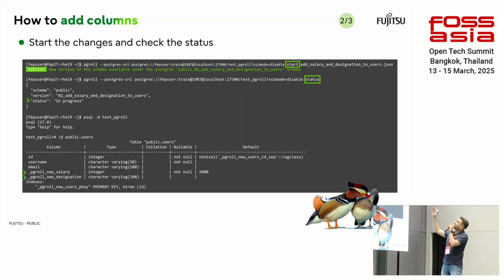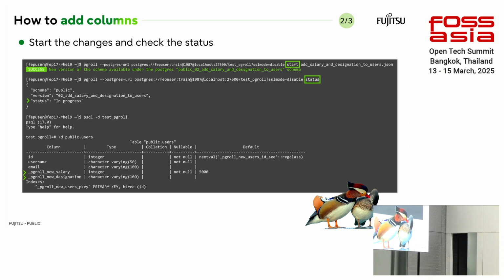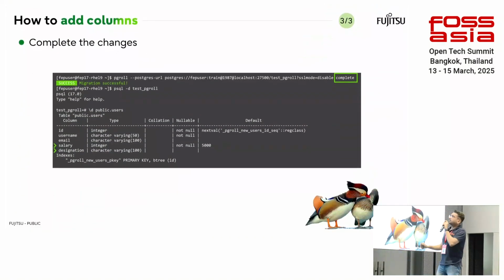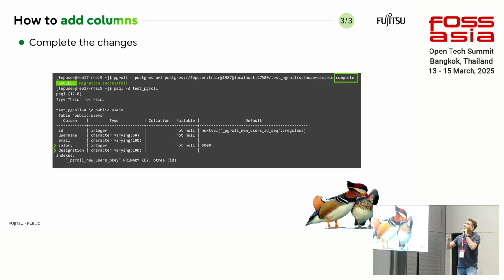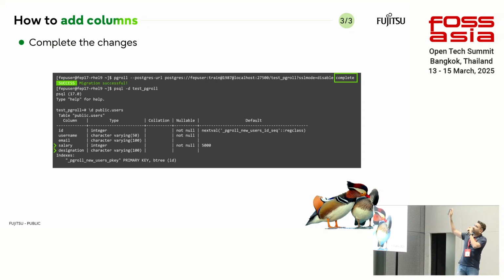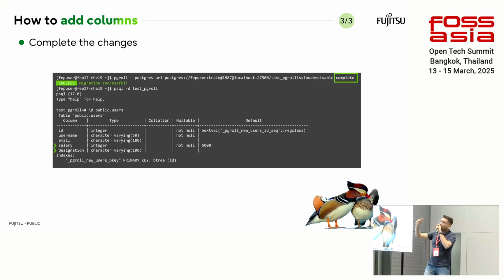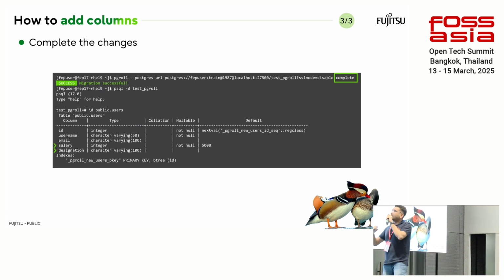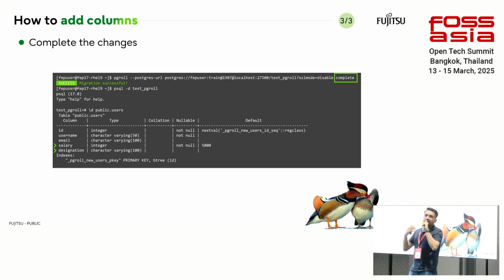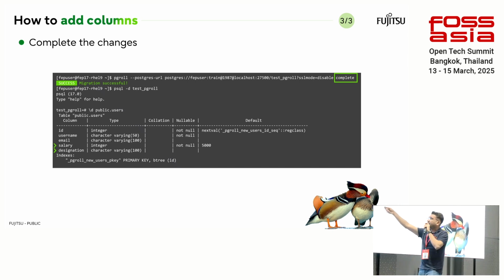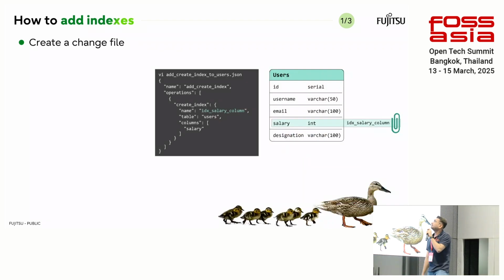Again, same command: I need to use start and status, and when I describe that particular table, you can see the two columns with temporary names are already present inside my user table. After the successful complete command, all the temporary names are renamed to the desired names, which are salary and designation.